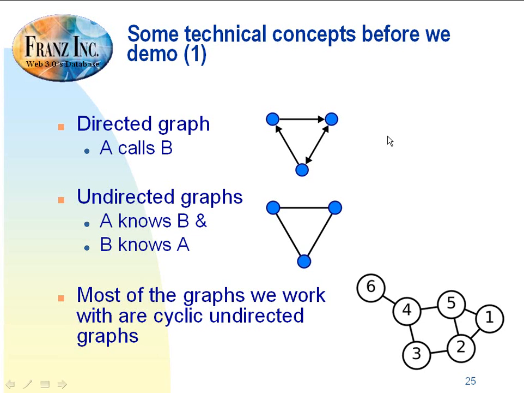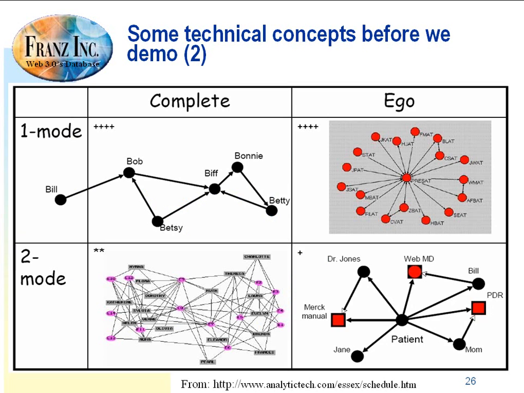Thank you. So again, I guess that most people in the audience know about directed graphs and undirected graphs. Most of the things that we do are with undirected graphs, but in our system, both work. The other thing is our social network analysis will work both in one-mode networks and two-mode networks.